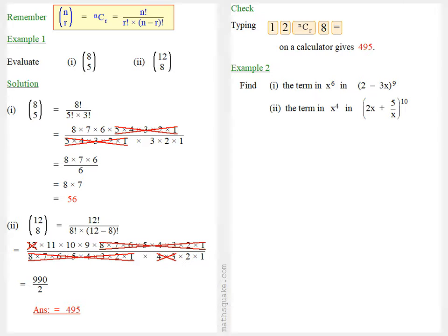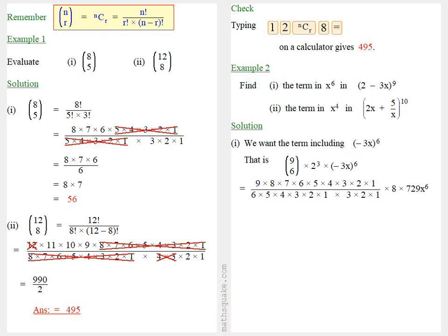In example 2, part 1, we're asked to find the term in x^6 in the expansion of (2 - 3x)^9. Well, we want the term which includes (-3x)^6. That is 9C6 times 2^3 times (-3x)^6.